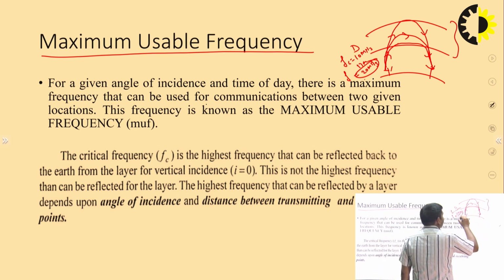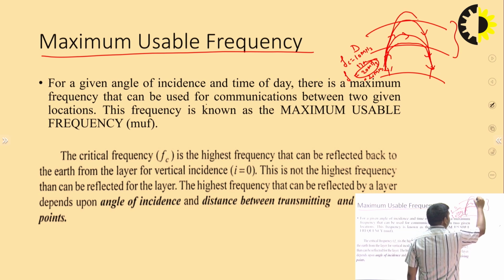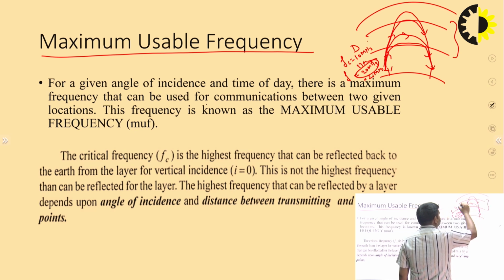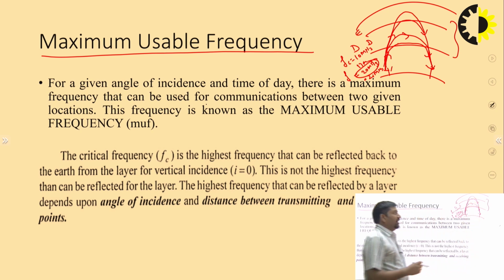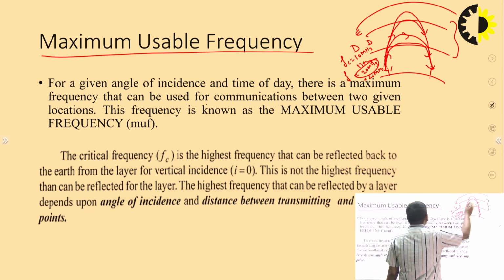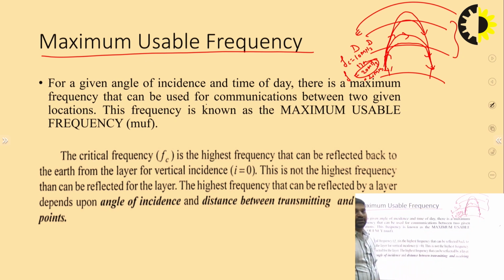But if I increase it to 21 megahertz, it penetrates that region and goes to another region. If this is D, this one is E, so it penetrates the other region and is not reflected back by that particular region. So this frequency is called the maximum usable frequency of that region.